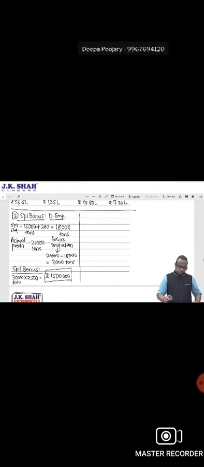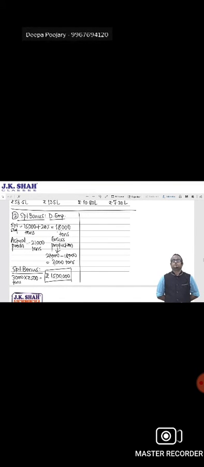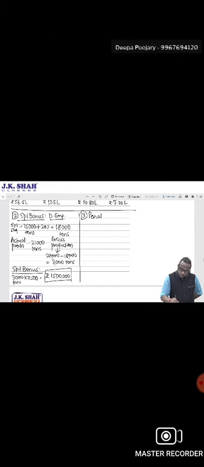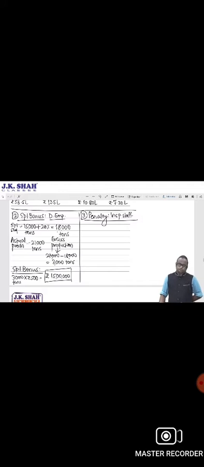See the working. Working note, last working note for penalty, and that too for inspection staff. Stop thinking and concentrate here. There is an allowed rejection of 2%.